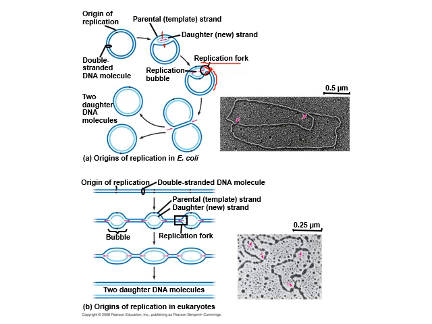The replication fork, the single double helix, is now split into two. And notice you have two replication forks, both working around the circle. This replication fork moving this way, this replication fork moving that way.